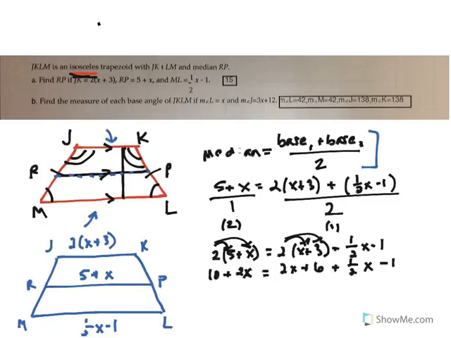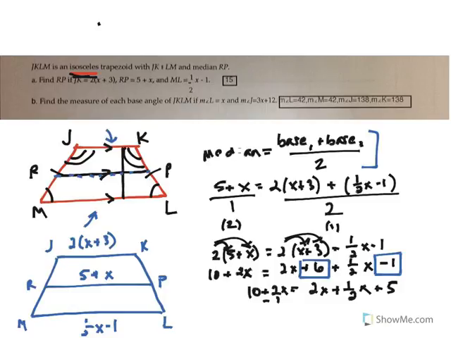So now we have a 1/2 x here, and we are going to have to deal with that soon. But first, let's combine our like terms. We have positive 6 over here, minus 1 over here. Let's get 2x plus 1/2 x plus 5 equals 10 plus 2x.